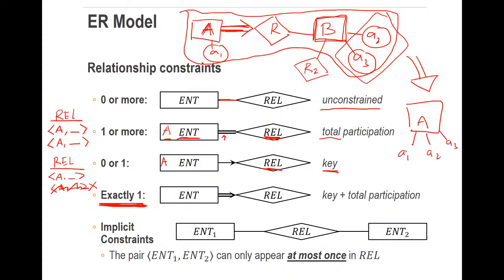The downside is that if you have A with a key and total participation relationship with B, and B is not associated with any other entities, then you might as well just make this a single entity.